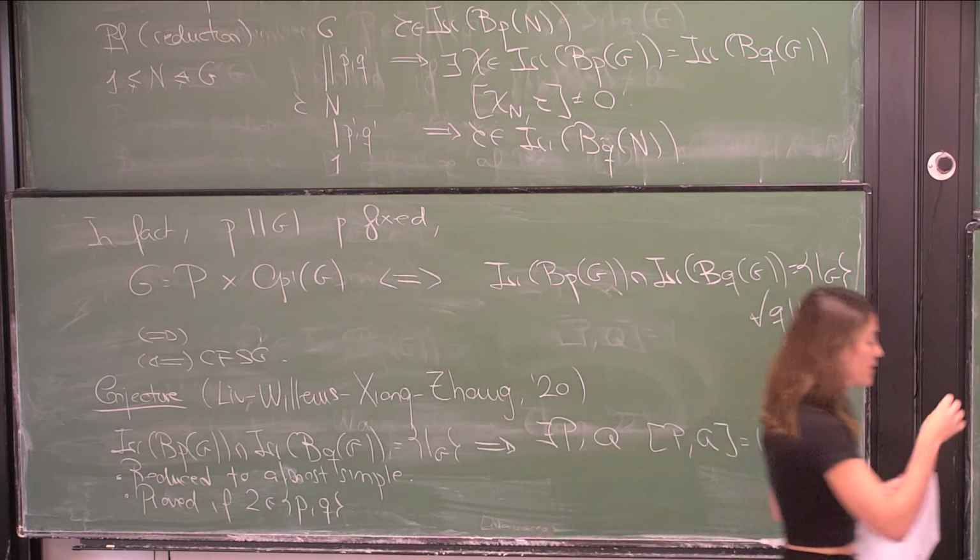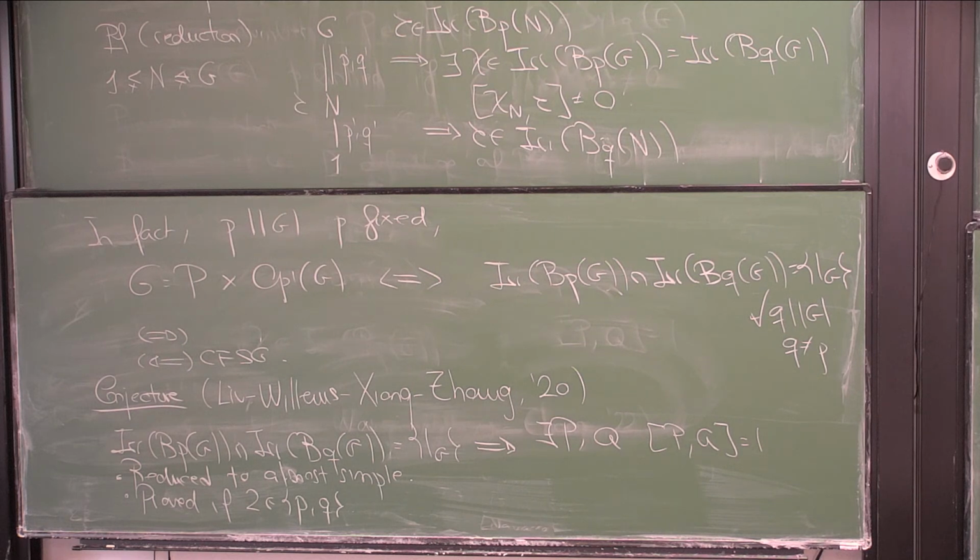So the first theorem that I mentioned was Gauss's height zero conjecture for 2 primes. Remember that it says that P does not divide the degrees of all the characters in the principal P block of G, and Q does not divide the degrees of the characters in the principal Q block of G, if and only if there is a zero P subgroup and a zero Q subgroup commutative.